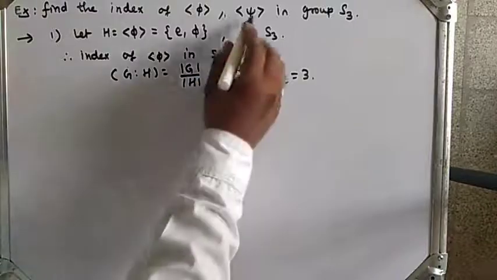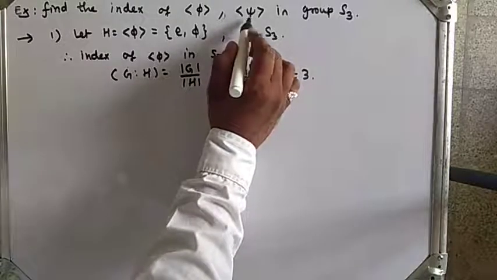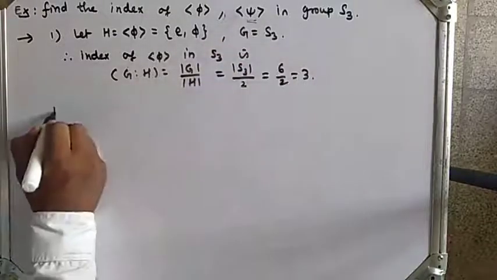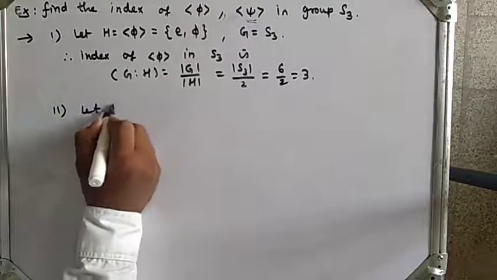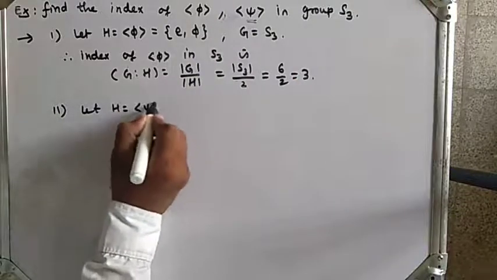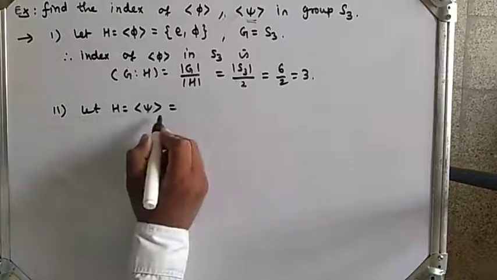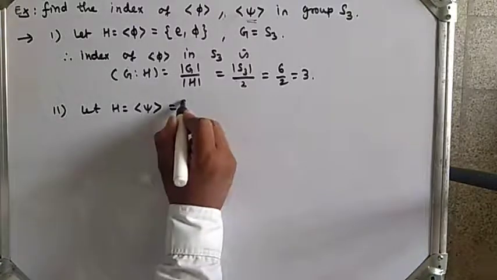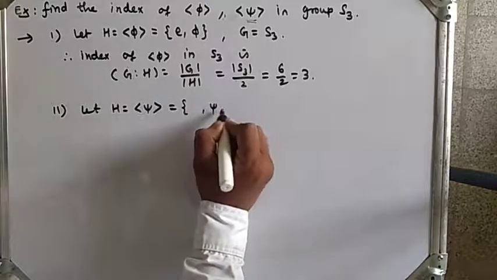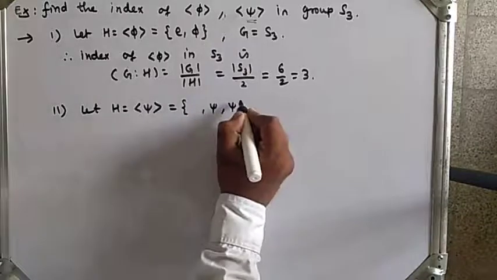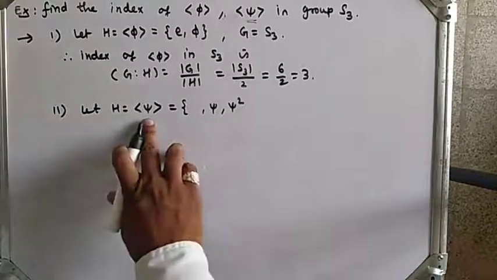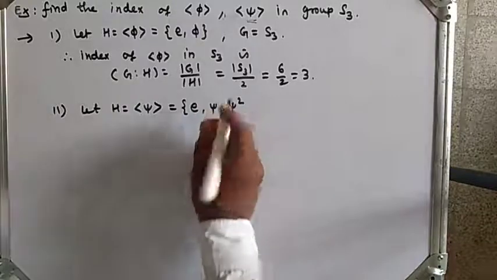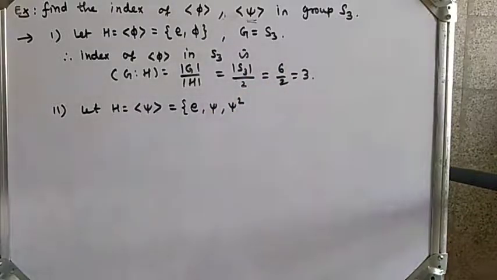Now for the second, I will generate a subgroup by psi. So here let H be the subgroup generated by psi. Then psi raised to the first power will be psi, psi raised to the second power is psi square, and psi cube will be identity, which is the property of the symmetric group on 3 symbols, which is S3.